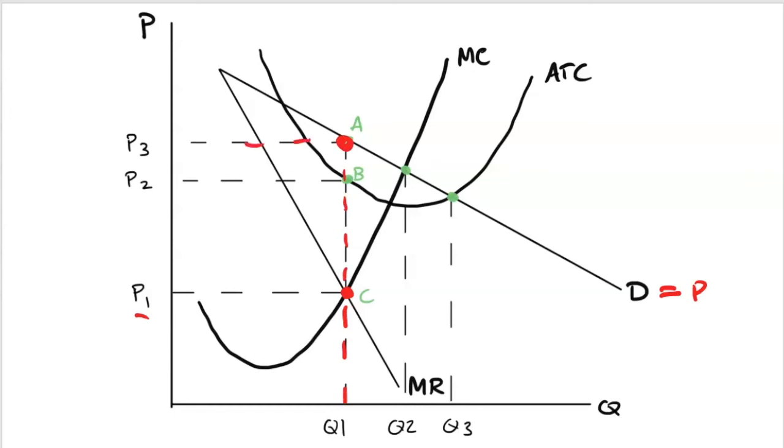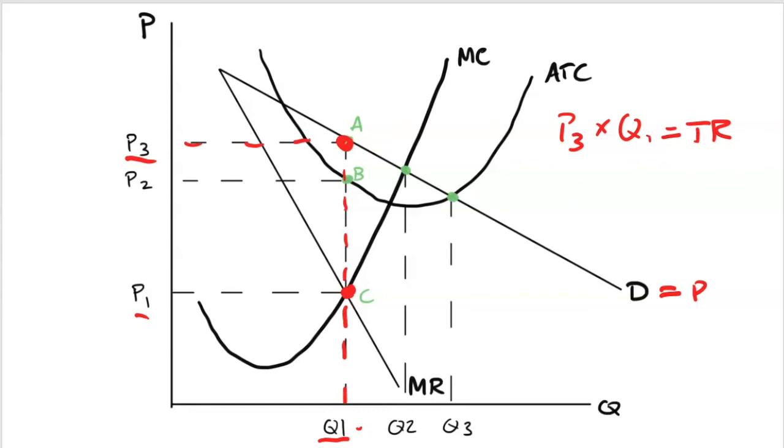So in other words, at this MR equals MC point, this firm is going to be producing Q1 and they're going to be charging P3, meaning that P3 times Q1 is going to get us to our total revenue.